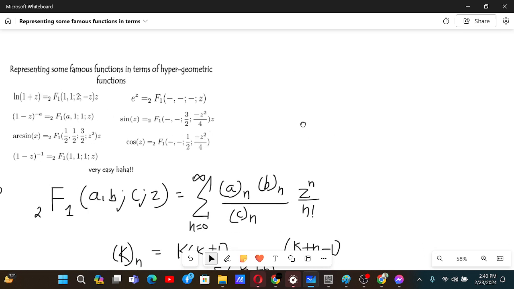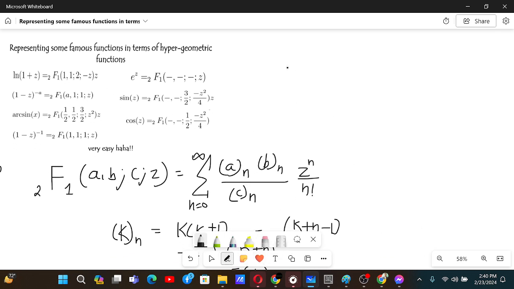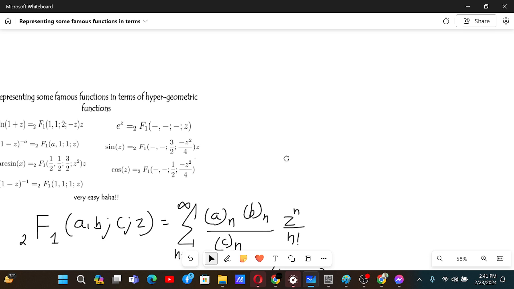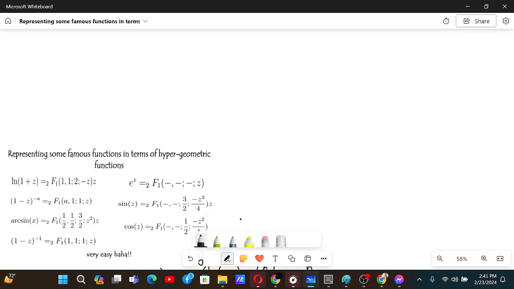Let's begin with the first one, ln of 1 plus g. So we have 2F1 of 1, 1; 2; minus g, and also note that we have a g outside, so that means a product.